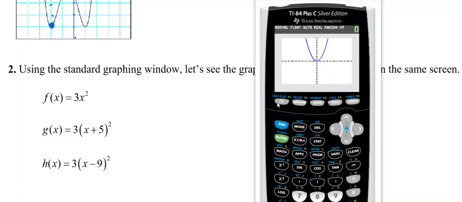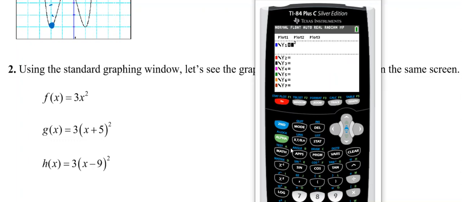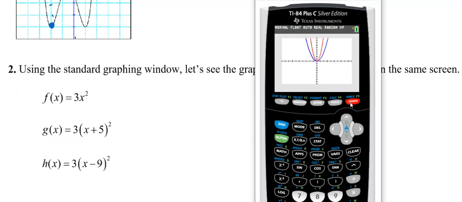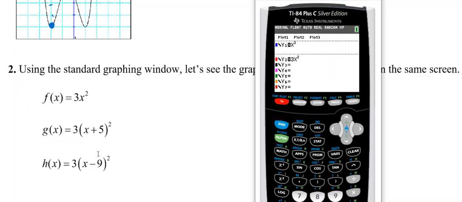And then 3x squared, if you just compare it with that, so I'll do that in y2. You can see what happens. All the y values get multiplied by 3, so there's a vertical shift there. But really, I'm more interested in these functions, so you can see horizontal shifts.